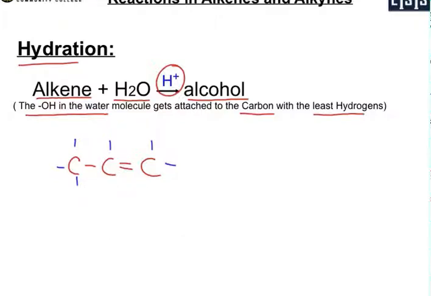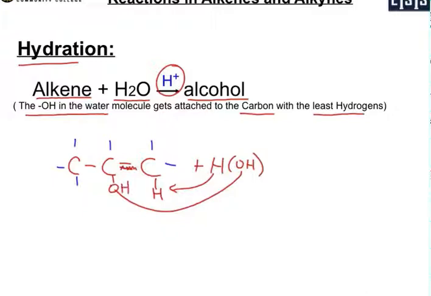So when we react this with water, and I'll show it again as this, with H+, the hydrogen's going to go here, the OH is going to go to that carbon, and this double bond will be gone. So your result here is C, C, C, OH, and then the rest of these are your hydrogens.